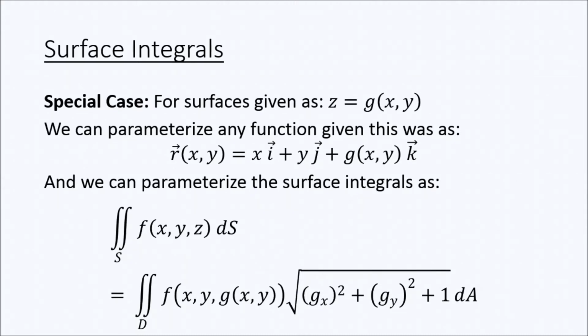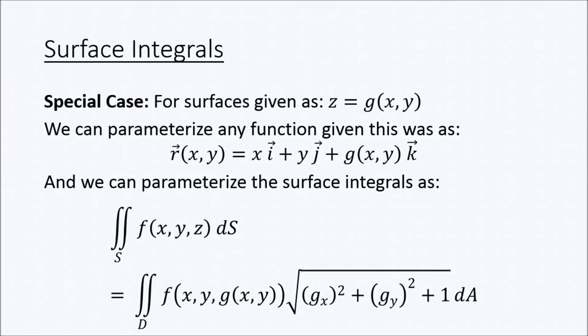We talked about this parameterization in the last video. I can always parameterize my surface as a function of my 2 variables x and y, where my x component is x, my y component is y, and my z component is replaced with that surface, g of x, y. Then we make that substitution into our surface integral as well.